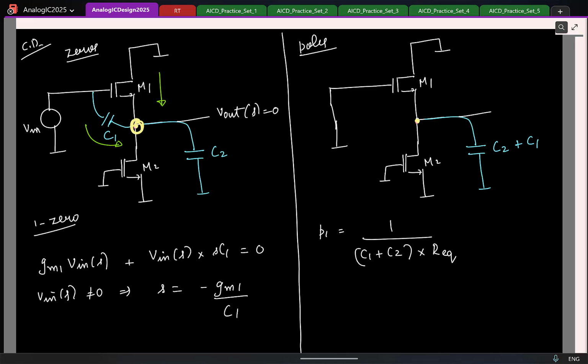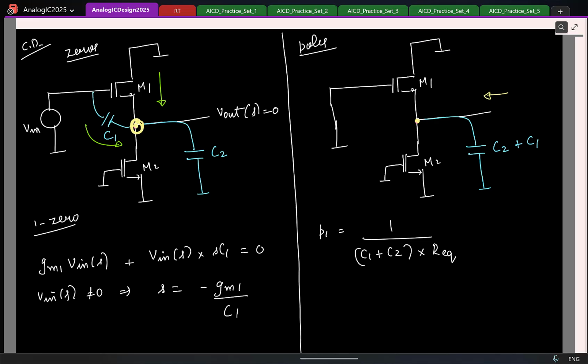So let's look at the resistance. What is the equivalent resistance looking here? Looking down, what is the resistance? Looking into the drain of M2, that is r0 of M2. Looking into the source of M1 here, that is 1 by gm1 because the drain is shorted. Fine.